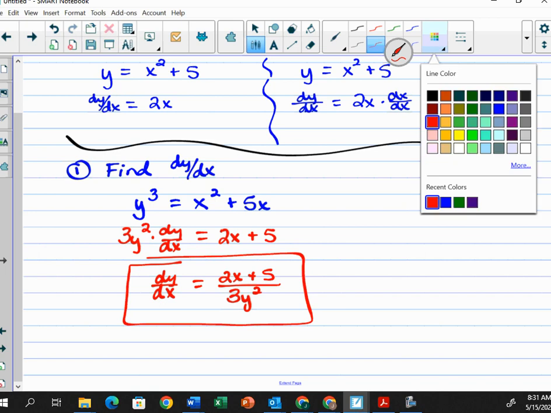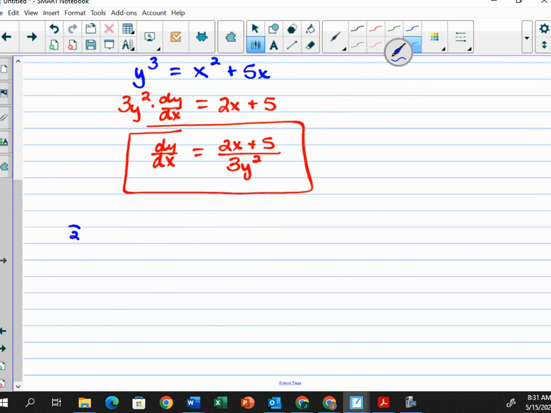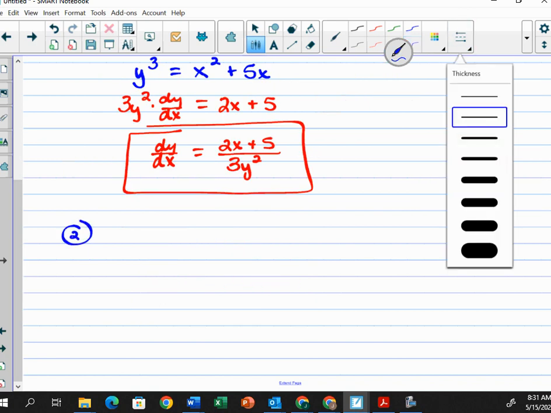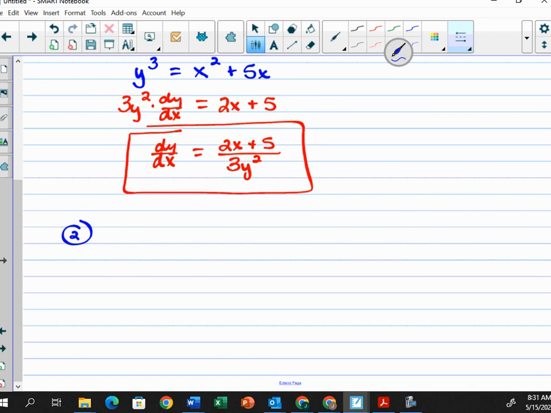All right, let's try another one, guys. Okay, let's do y cubed minus 2y plus x cubed equals x squared plus 2. Same directions here. I'm not going to write it every time.